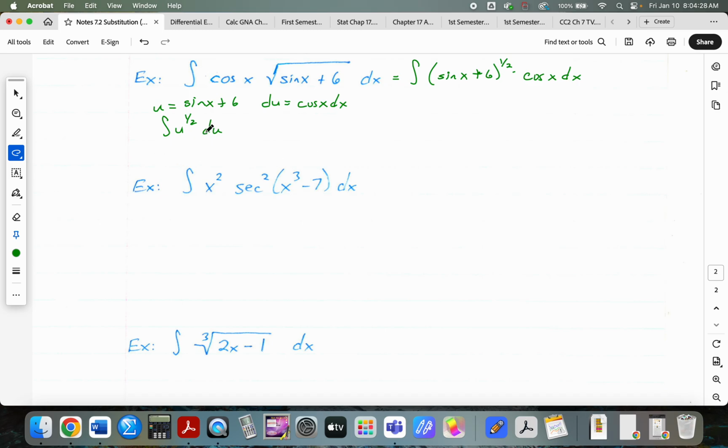We'll use the power rule for antiderivatives, add 1 to the power, multiply by the reciprocal. That'll be 2/3 u to the 3/2 plus c. And then replacing the u with what we said u was equal to, we'll have 2/3 of the quantity sine x plus 6 raised to the 3/2 power plus c.